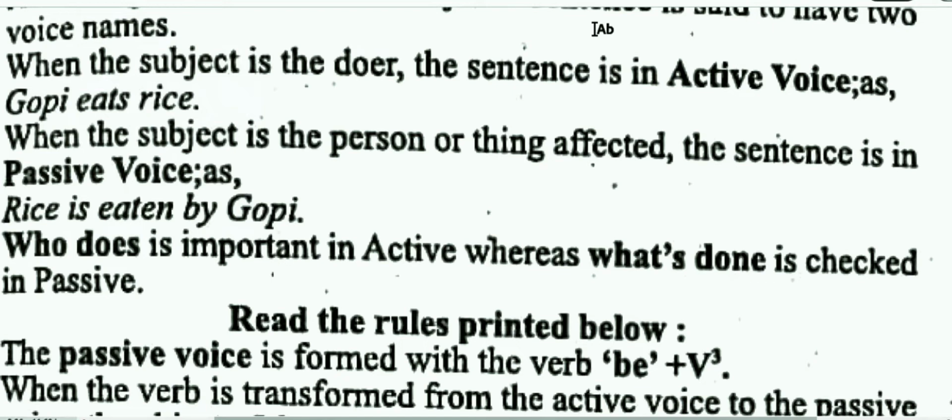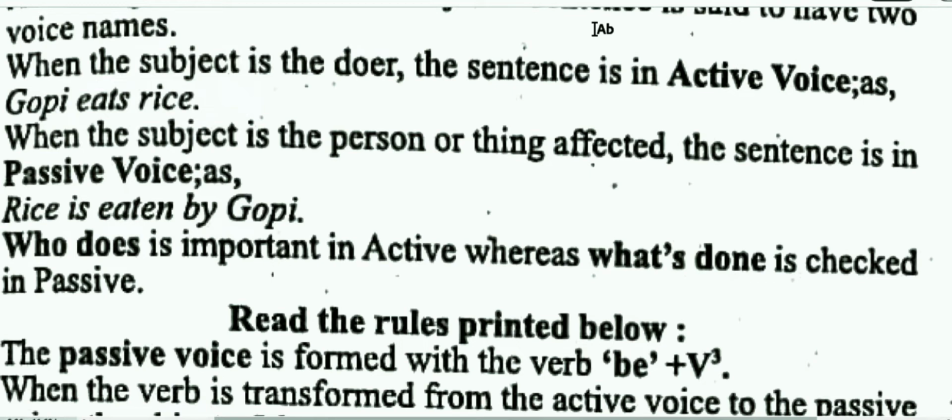Sometimes the person is also affected. In this condition, it is called passive voice. See here, rice is eaten by Gopi. In the first sentence, Gopi eats rice. Gopi is the subject, then the verb, and rice is the object.